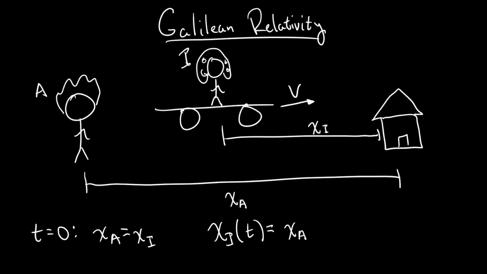But since Isaac is getting closer, we have to subtract off his velocity times the time that he's been traveling, assuming that this velocity is constant. So, okay, they measure two different distances, they experience reality in two different ways, but we have a way of relating the two.